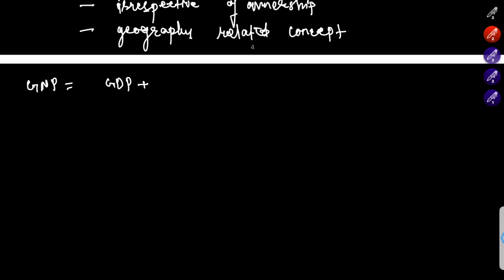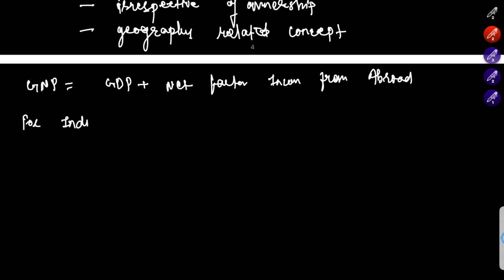Total GNP is GDP of that country and the total net factor income from abroad. जो भी फॉरेन कंट्री से जितने भी इनकम आ रहे हैं वो सभी जुटेगा उस कंट्री में, तो हमारा जीएनपी कैलकुलेट किया जाता है, फर्स्ट जीडीपी ऑफ दैट कंट्री.